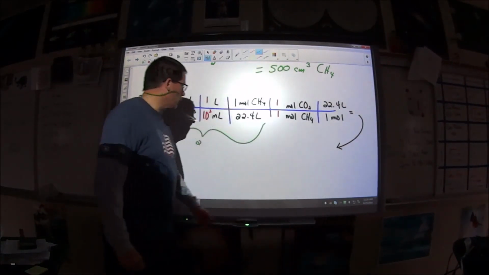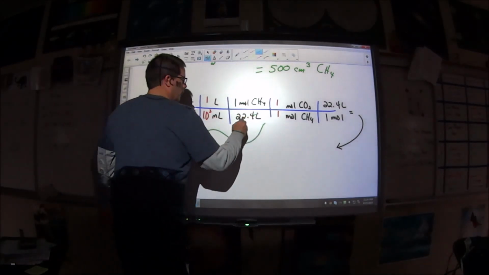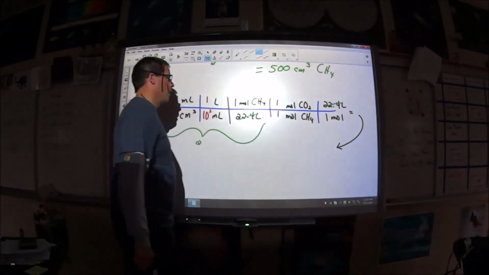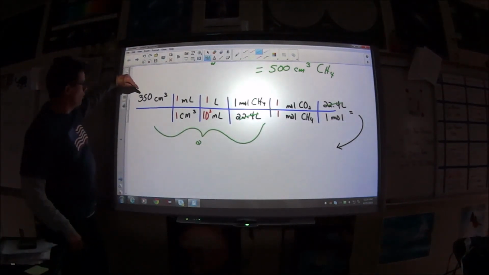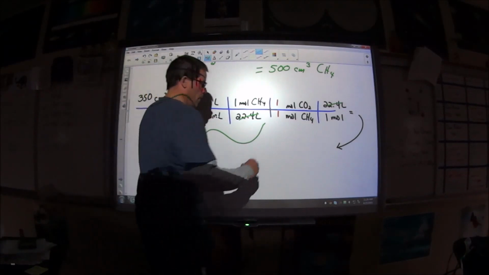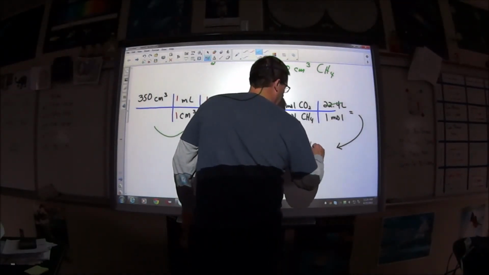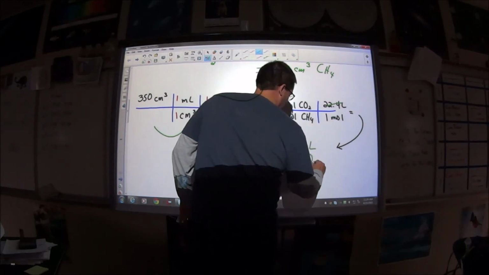So is there anything I can quick math here? Oh yeah, here we go. We can get rid of the 22.4s. So 350 divided by 1,000 is 0.35. So 3.5, and that is liters of our carbon dioxide.